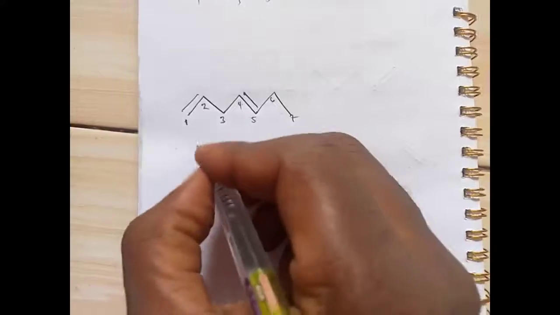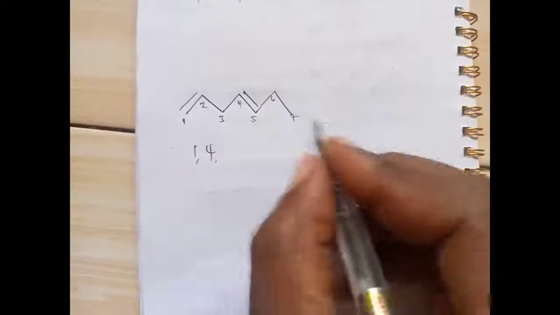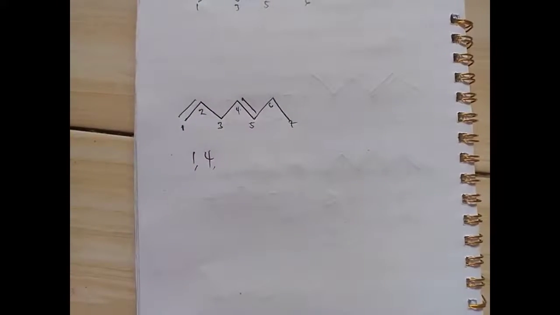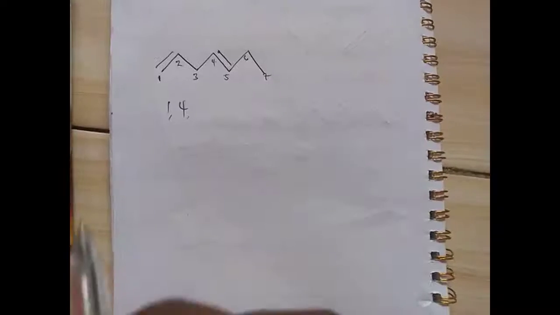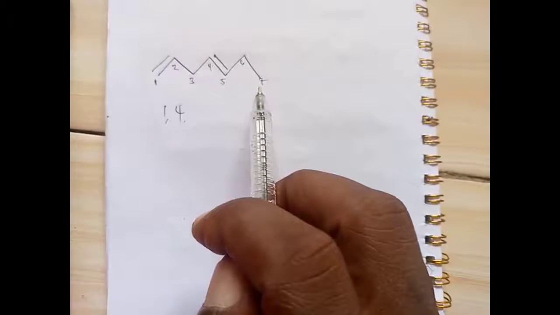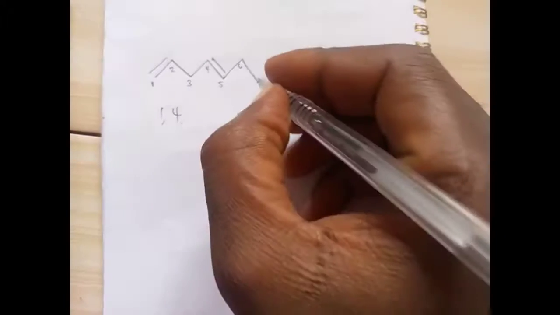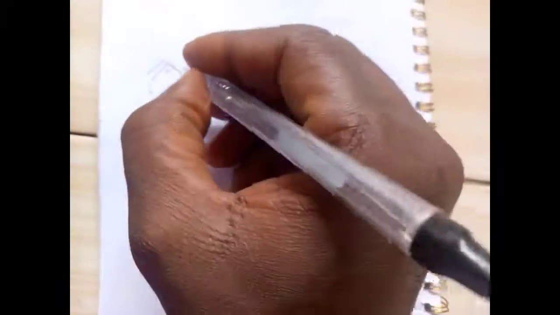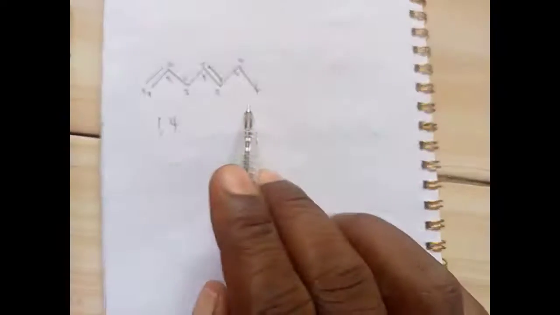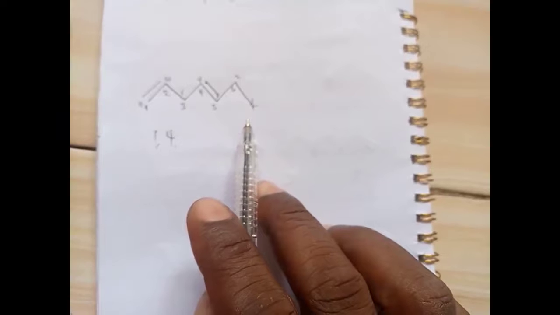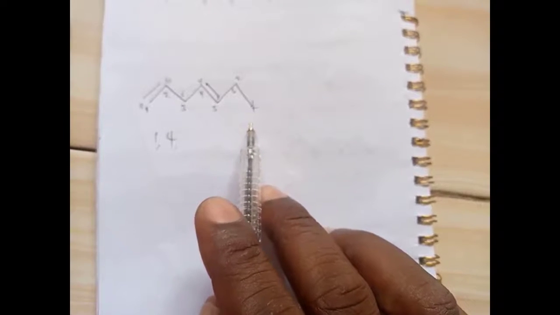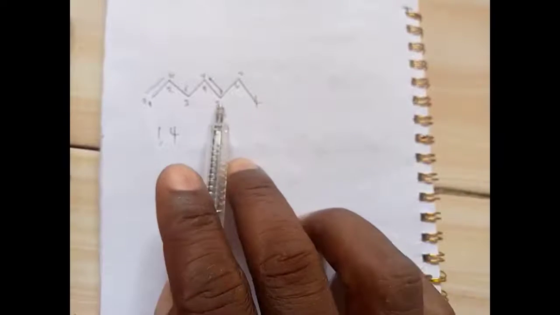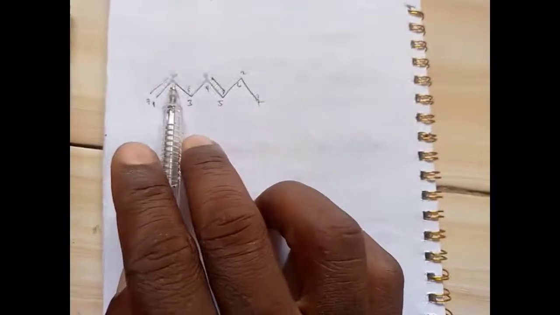So 1, 4. But if we start from the right side, we'll have that the double bond is going to appear on 3 and 6.